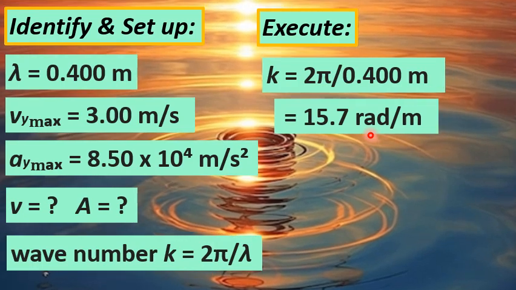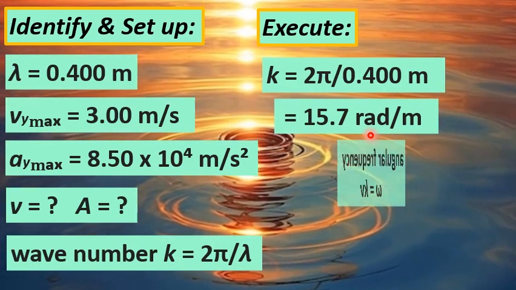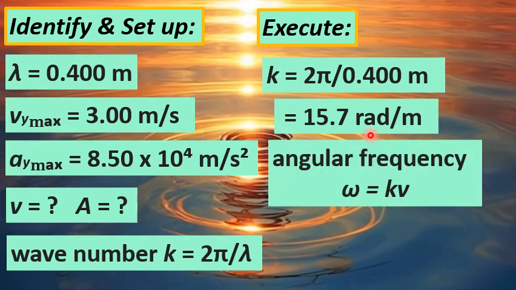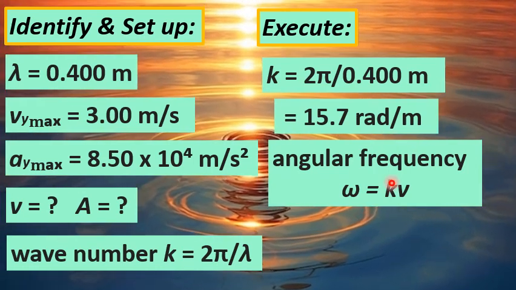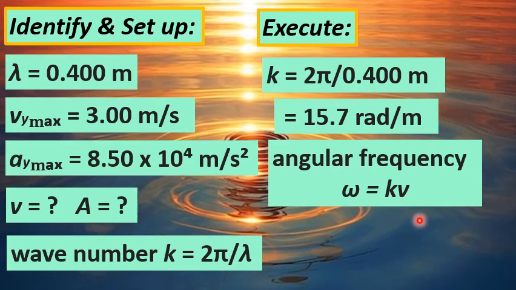The angular frequency omega is also equal to the product of the wave number k and the speed of the wave propagation. That is, omega equals k times v.